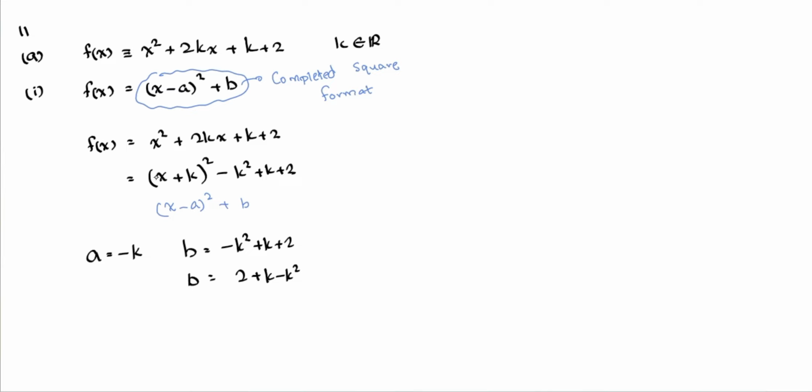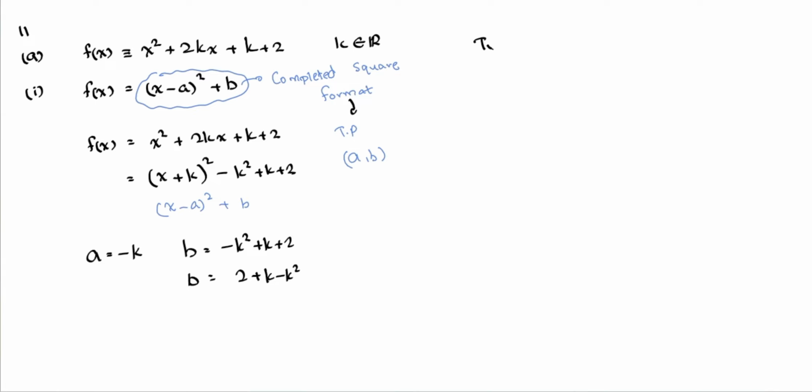Okay, then find the turning point of f(x) without using calculus. Very important. Okay, first of all, let's find the turning point. You know that in a completed square format, the turning point will always be the negative of this. Negative of minus a is a, and b.